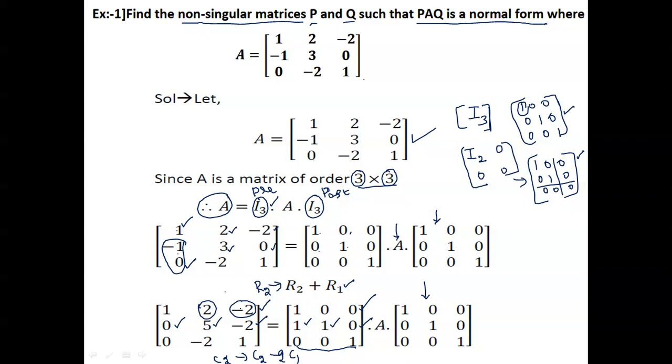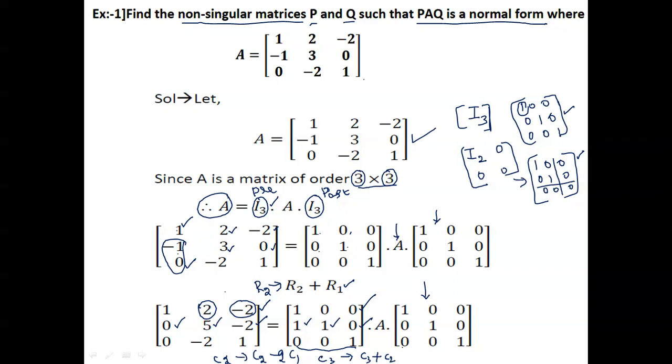In the same way, C3 tends to C3 plus C2: minus 2 plus 2 is 0.